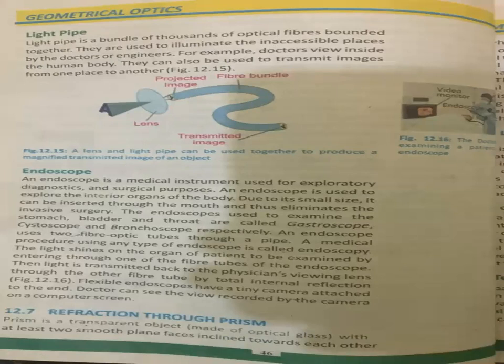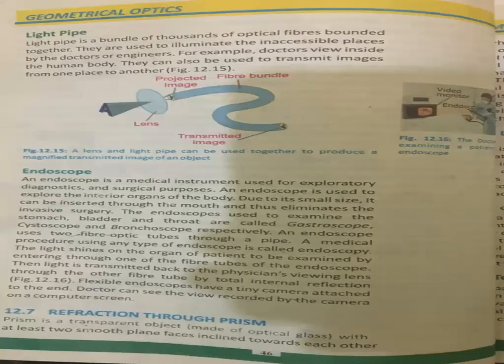Light pipe is a bundle of thousands of optical fibers bound together. They are used to illuminate inaccessible places by doctors or engineers. For example, doctors view inside the human body. They can also be used to transmit images from one place to another. So this is the use of the light pipe.